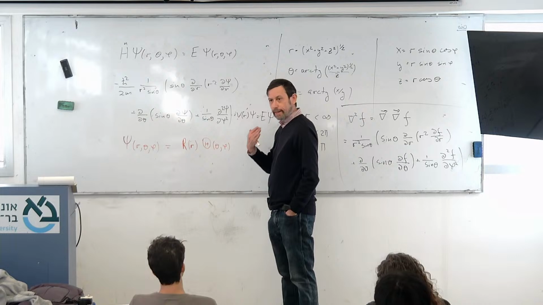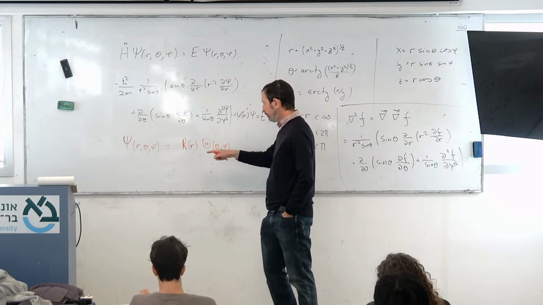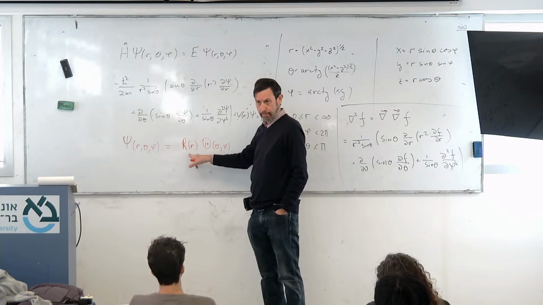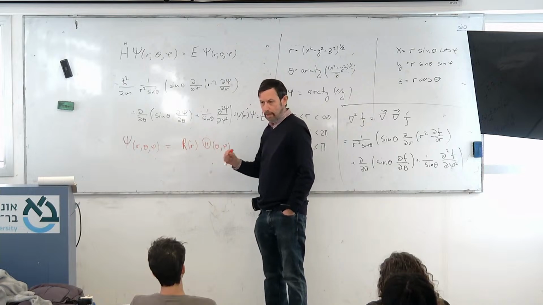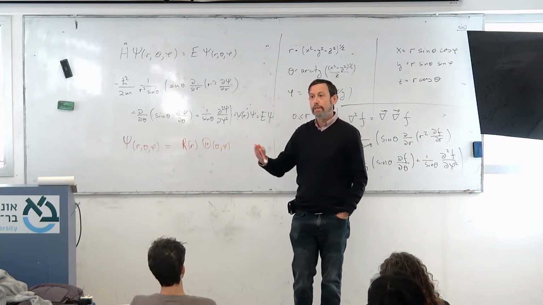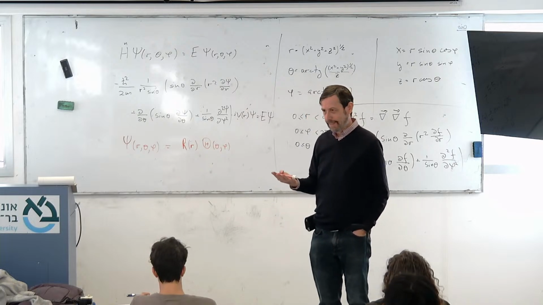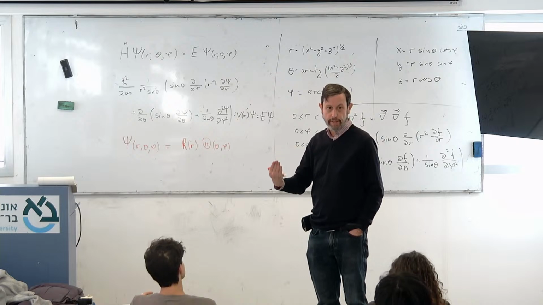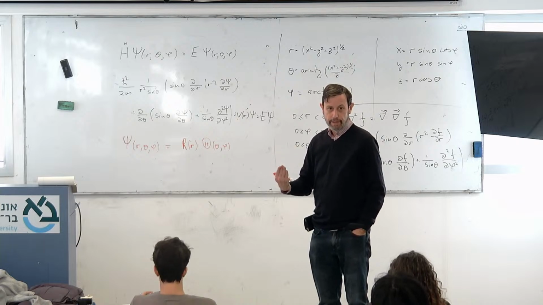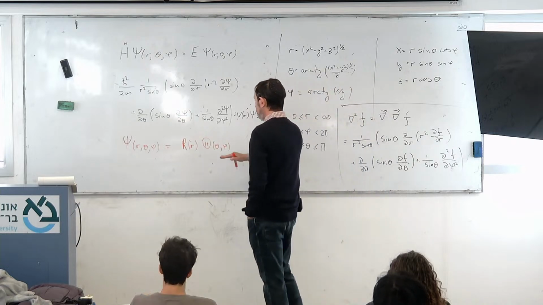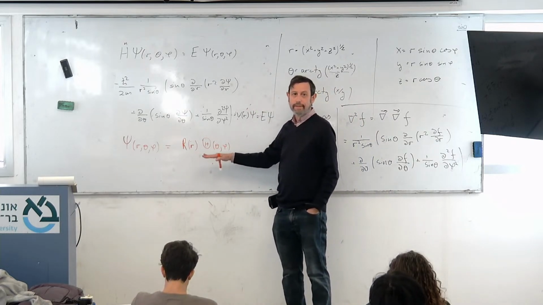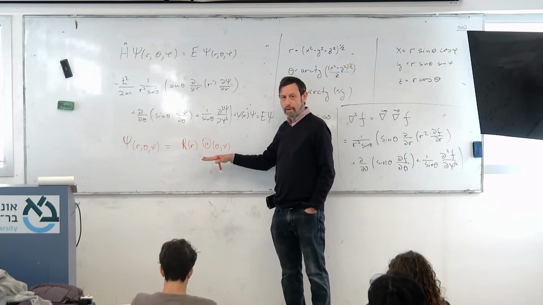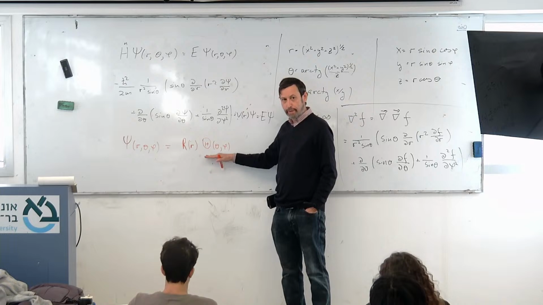We can't solve yet the hydrogen atom. For that, we need to know the specific dependence of V of R, and that will determine this part. But this is common for all spherically symmetric potentials. We can already guess that it will have something to do with conservation of angular momentum. And basically, we'll see a whole set of mathematical operations that we'll develop in order to solve the angular momentum.